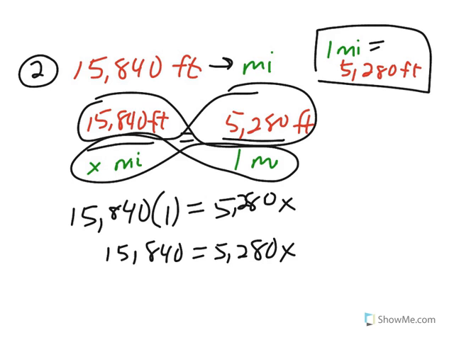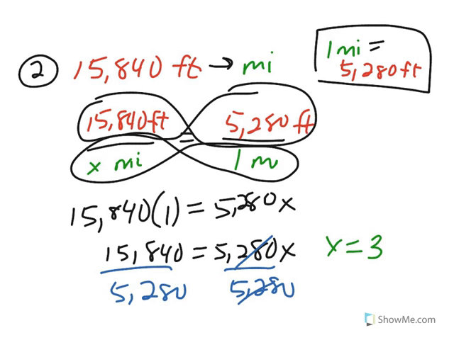To solve this proportion for x, you're going to divide both sides by 5,280. When you do that, you get an x of 3. So remember, we were converting to miles. X stood for miles. So we now know that 15,840 feet is equivalent to 3 miles.